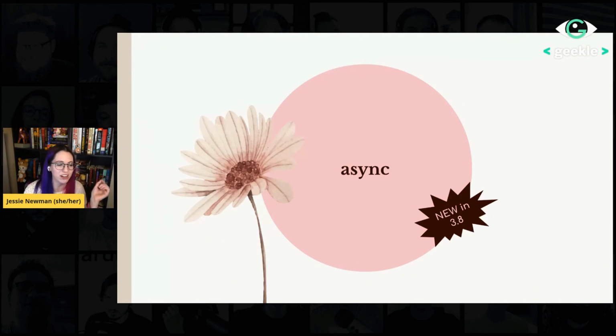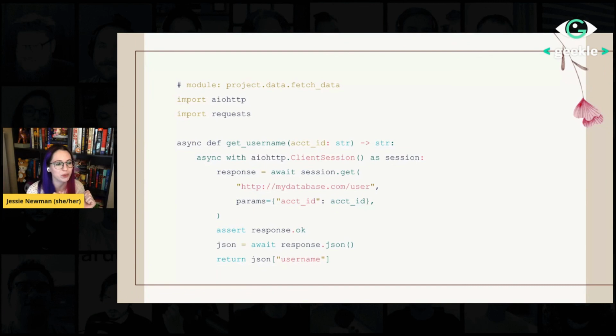Okay, this is our final thing we're going to be talking about, async. Python introduced async and await, and so we're seeing a lot more code in there. And so there are now ways to test asynchronous functions. So we're going to go back to our original example where we have our get_username function, and we're going to rewrite it to work in an asynchronous way.